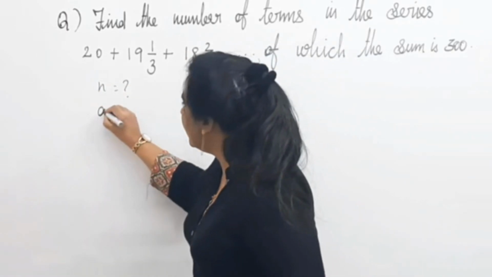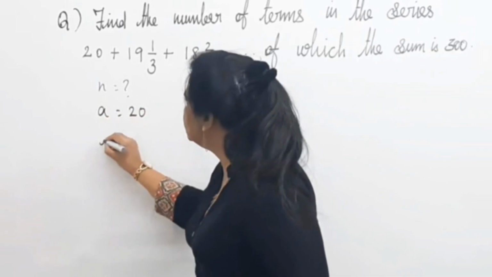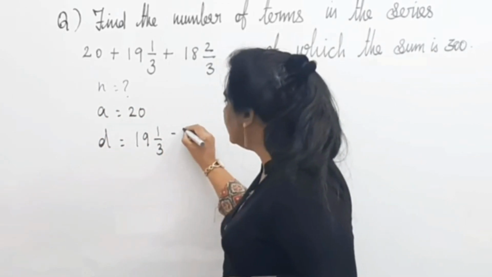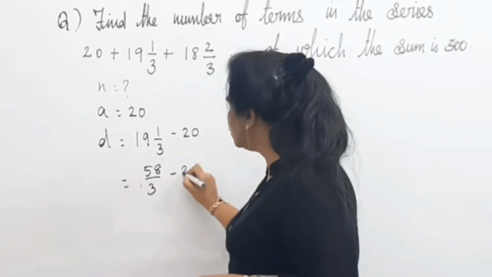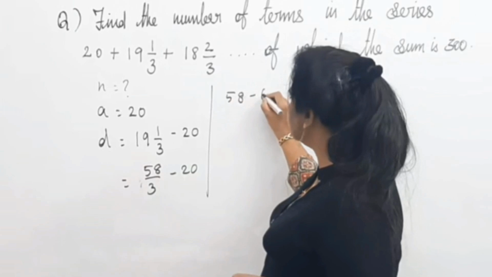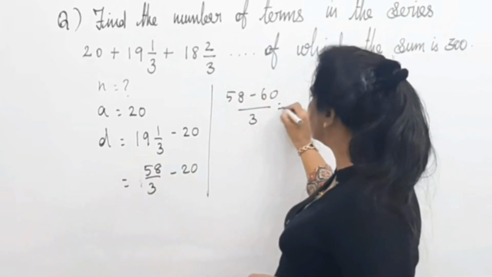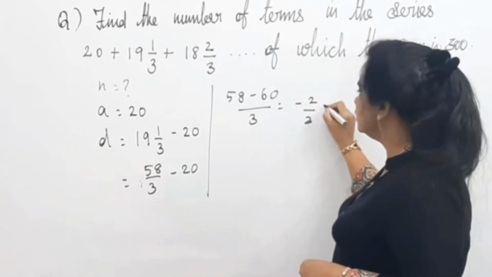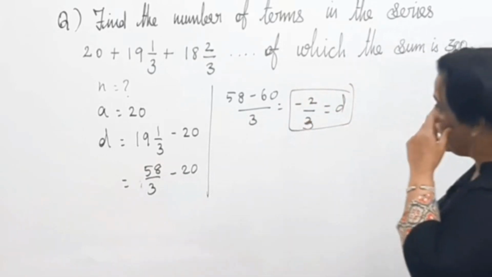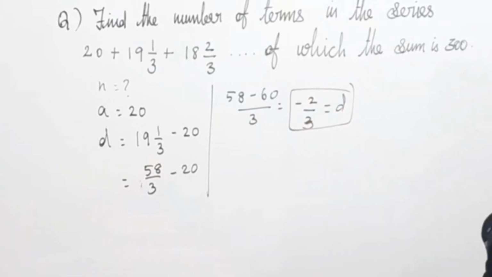As usual, A is equal to 20 and D is equal to 19 1 by 3 minus 20. That's equal to 58 minus 60 divided by 3. That's equal to minus 2 by 3, which is my D. So I got D, I got A. Now the sum is given.